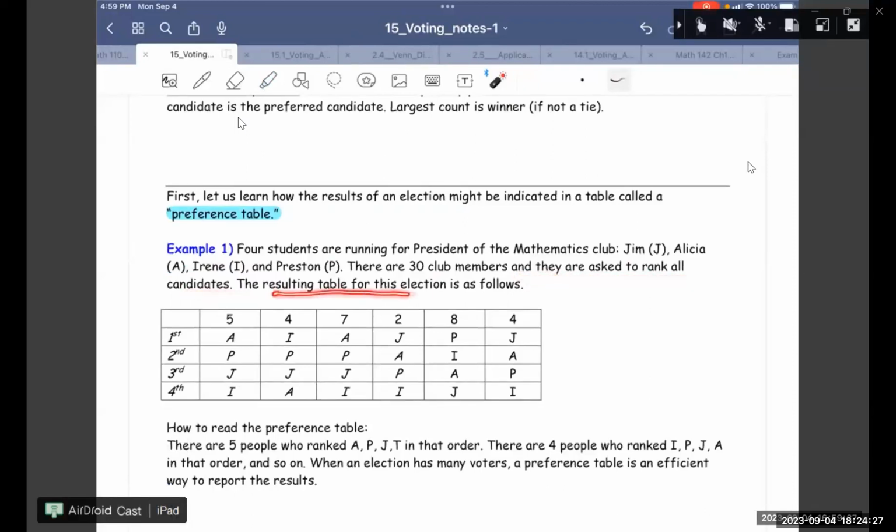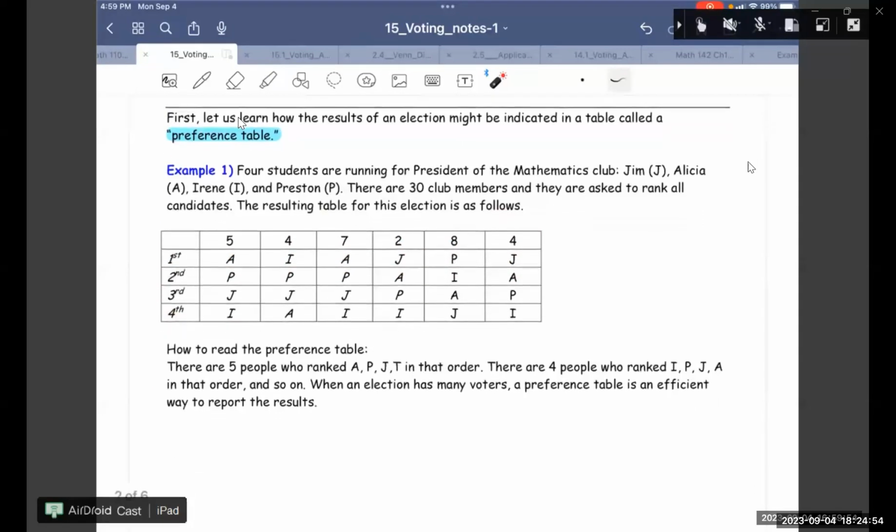The result table of the election is as follows. We have 5 for Alexa, 4 for Irene, 7 for Alexa, 2 for Jim, P for Preston, and 4 for Jim.